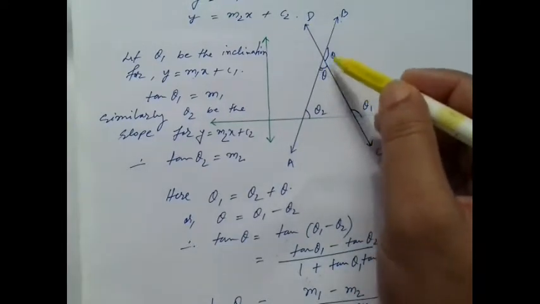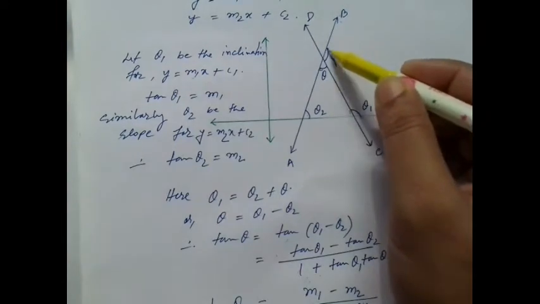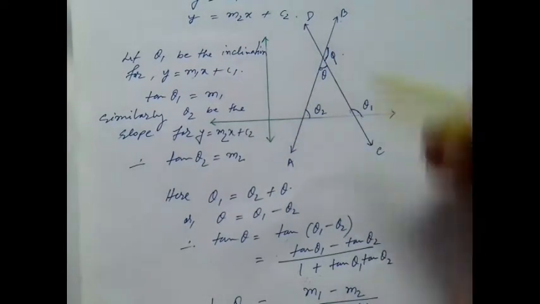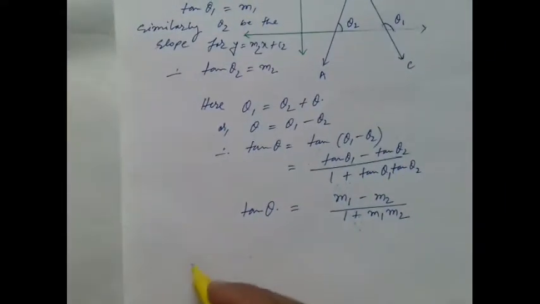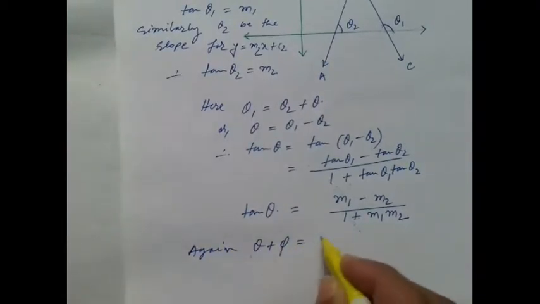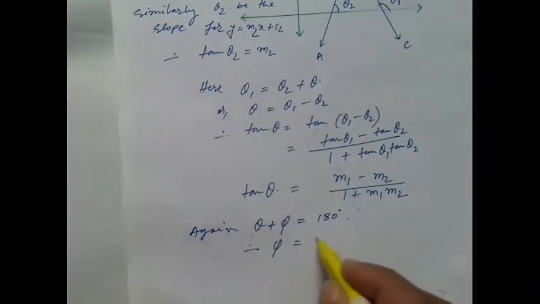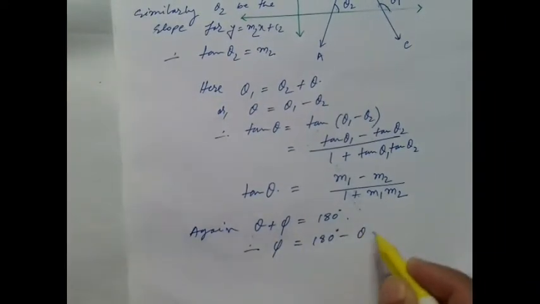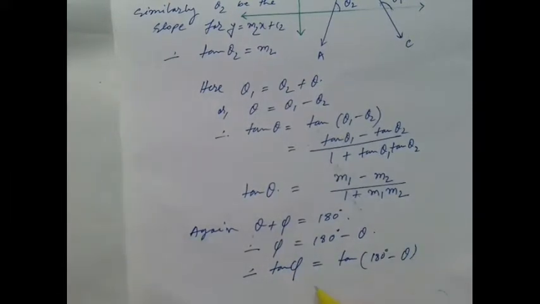One is theta, that is acute, another one is phi, and you can see easily that theta plus phi is 180 degrees because AB is a line. So again theta plus phi equals 180 degrees, phi equals 180 degrees minus theta. Therefore tan phi equals tan of 180 degrees minus theta.